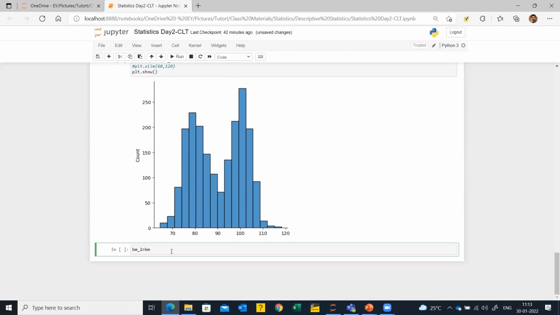I can use my data set, which is bm underscore data, and then reshape. If you remember, this is the same code, you can copy paste it, comma 2. We have 2000 data, right? And then we have mean, axis equals to 1.